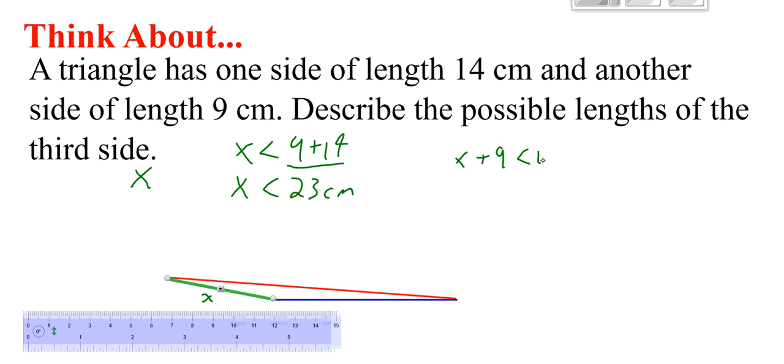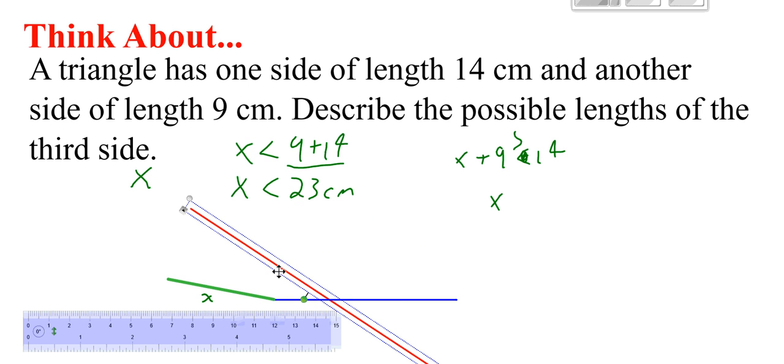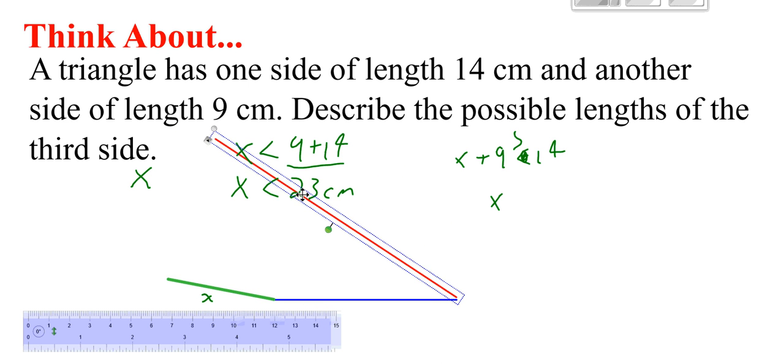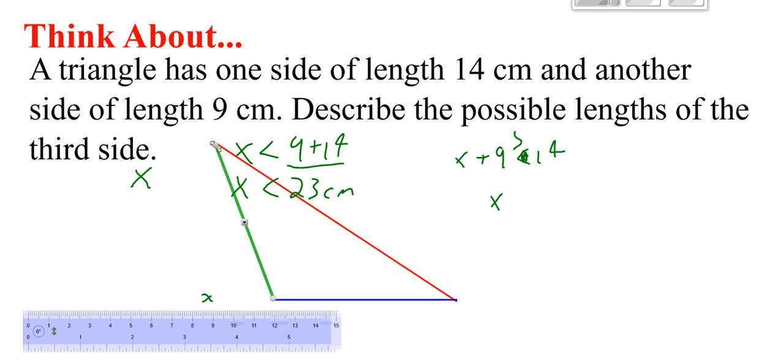red length is 14. So if we subtract 9 from both sides, we're going to see that X, I'm sorry, it can't be greater than, it's got to be greater than, because as we move this line segment and rotate it further up, we're going to see that this line's going to grow.